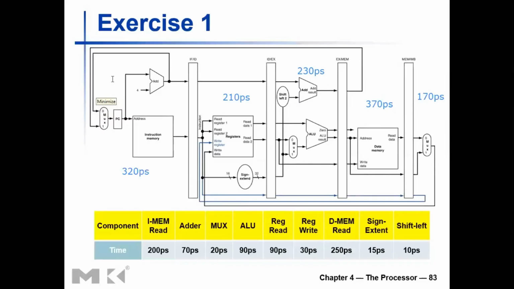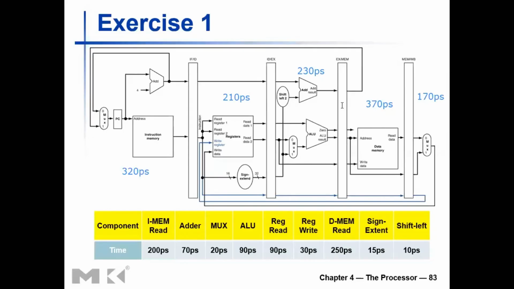So based on that, what is the clock period of our CPU that we should use? The minimum clock period that we can use? 370, right? It is dependent on the largest delay of the data path, the largest delay at any stage, because each stage should use the same clock period.